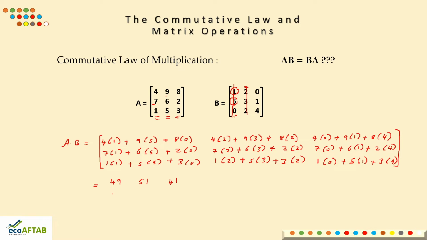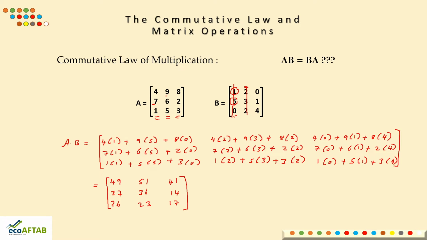The next ones are 37, 36 and 14. 6 plus 8 will give us 14. And here 1 plus 25 plus 0 will give us 26. 2 plus 15 plus 6 will give us 23. And lastly, it will be 17. So this is what we got when we were multiplying A into B.